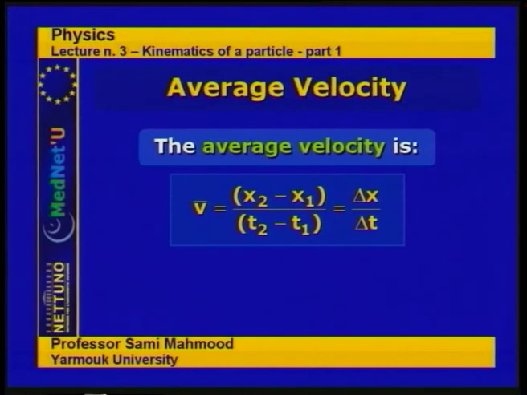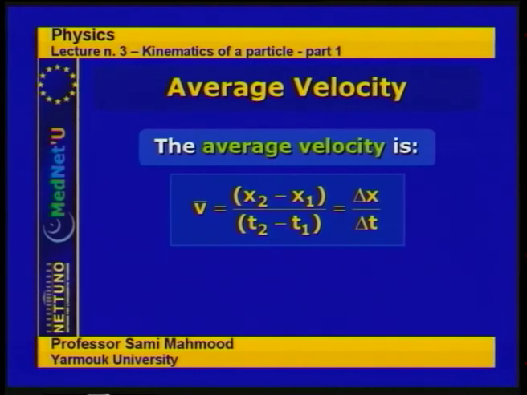If a particle moves from one location to another during a period of time, delta t, between an initial time t1 and a final time t2, if the initial position at time t1 is x1 and the final position at time t2 is equal to x2, then the average velocity is defined as v with a bar over it, meaning average, is equal to delta x over delta t, where delta x is the displacement, x2 minus x1, and delta t is the time interval of the motion, t2 minus t1.